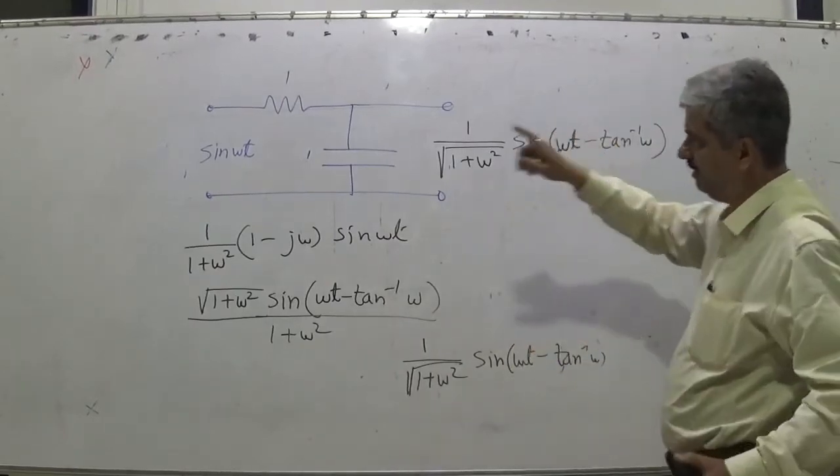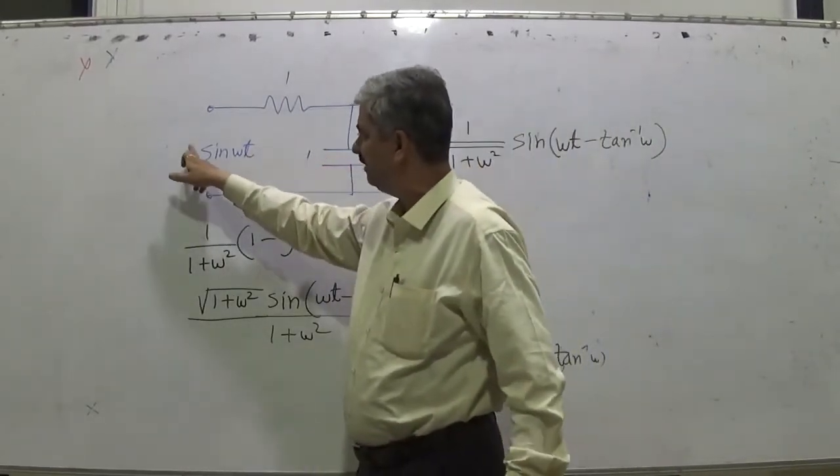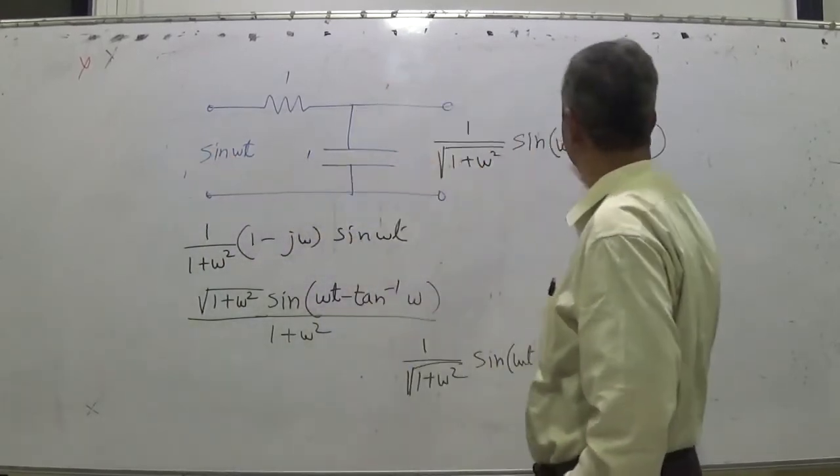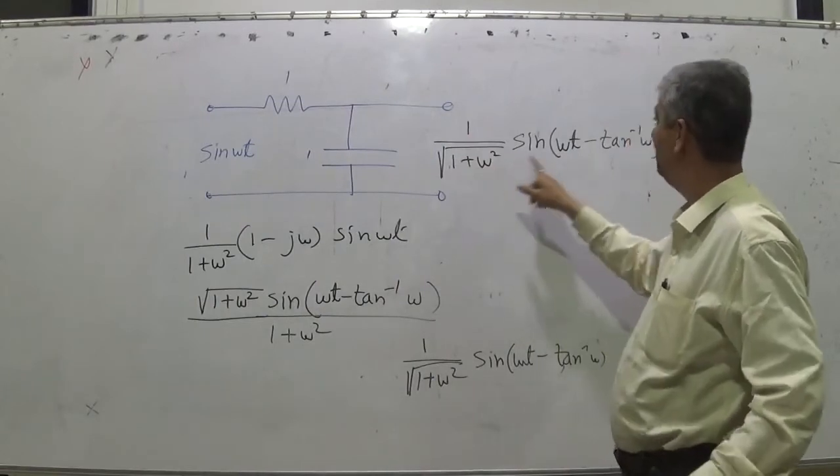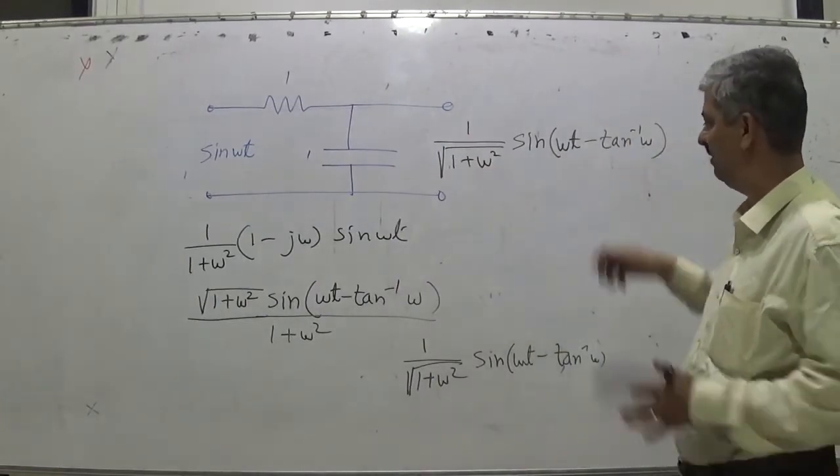Input is a sinusoid with amplitude 1; output is a sinusoid with amplitude 1 upon under root (1 plus omega square), and output phase is minus tan inverse of omega.